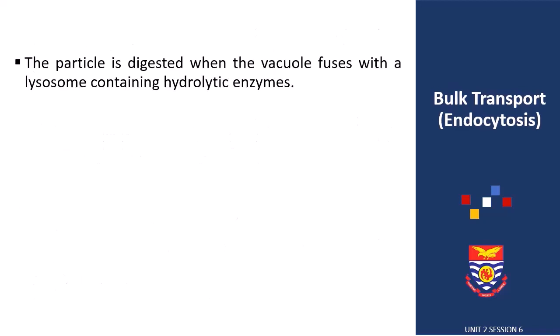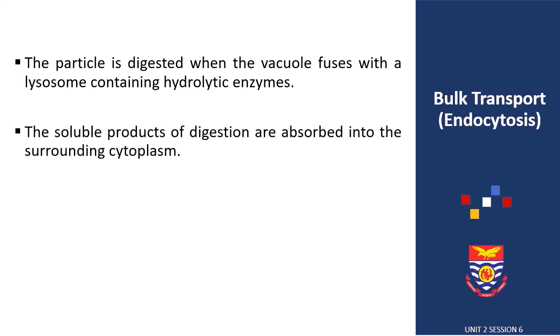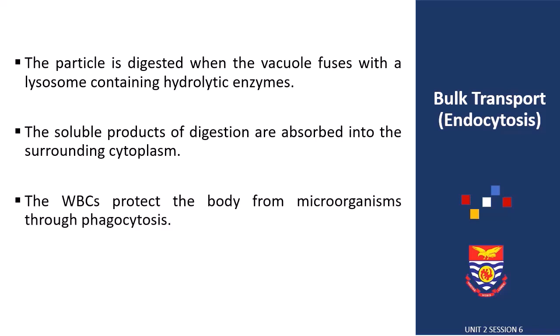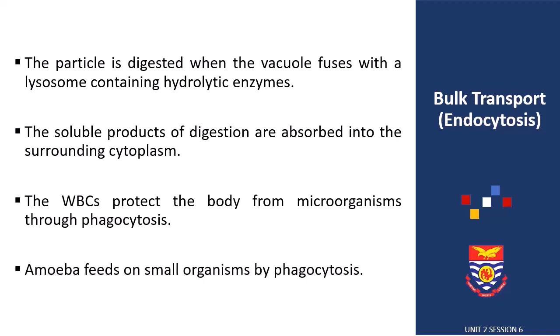The ingested particle becomes digested when the vacuole fuses with a lysosome that contains hydrolytic enzymes. The end product of digestion is then absorbed into the surrounding cytoplasm. For instance, white blood cells protect the body from microorganisms through phagocytosis. Also, amoeba feeds on small organisms by phagocytosis.